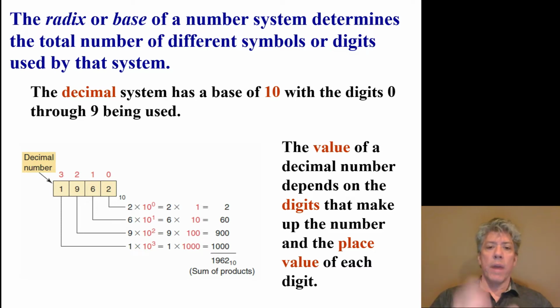So 10 to the power of 0 is 1, right? 10 to the first power is 10, 10 to the second power is 100, and so on. And that allows you to calculate the value of each column, each position, as a function of the number of the position. You just take the base, because we're using 10 numbers, and take it to the power of the position.